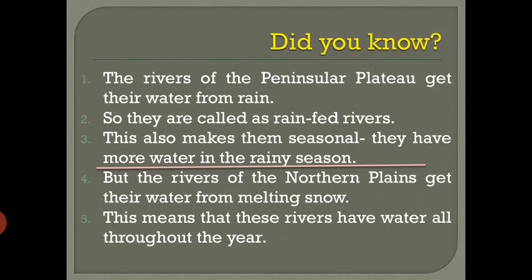They have more water in the rainy season, but the rivers of the northern plains get their water from melting snow, and this means that these rivers have water all throughout the year.